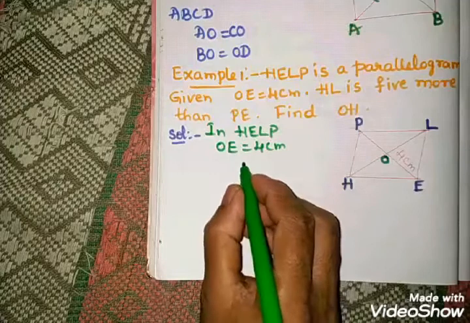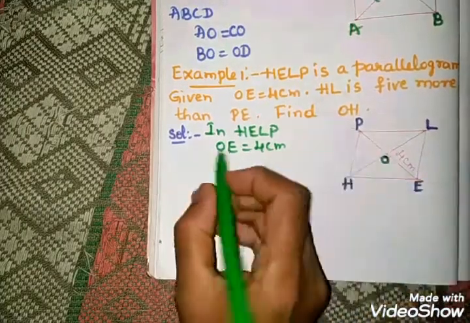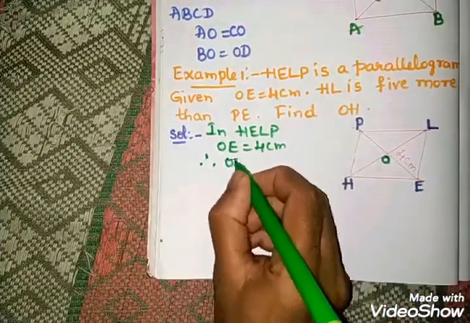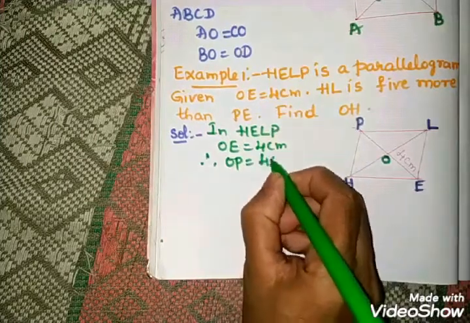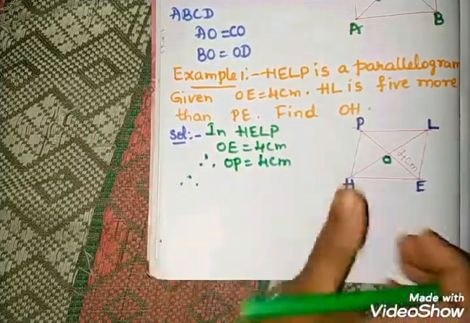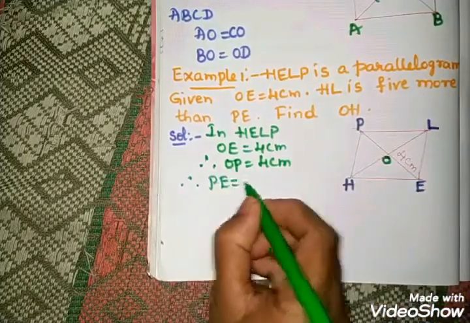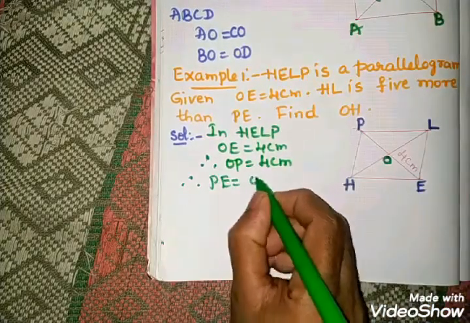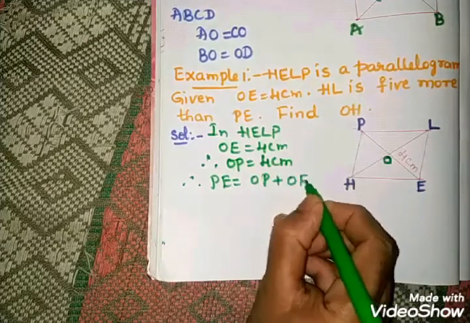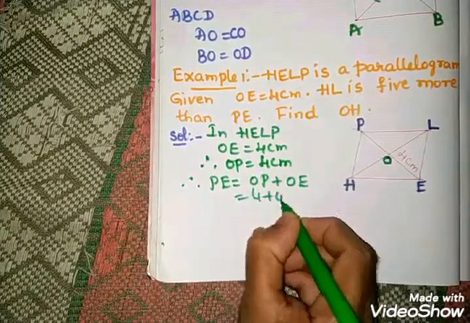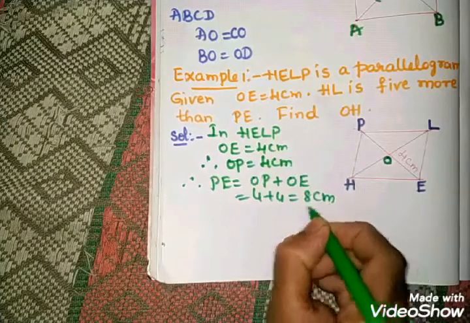We can use that here. OE is equal to 4 centimeter. Therefore, OP is also equal to 4 centimeter. Now, full length of diagonal, let us take. PE is equal to what, children? PE is equal to OP plus OE. So, OP is also 4, and this is also 4. Totally 8 centimeter.